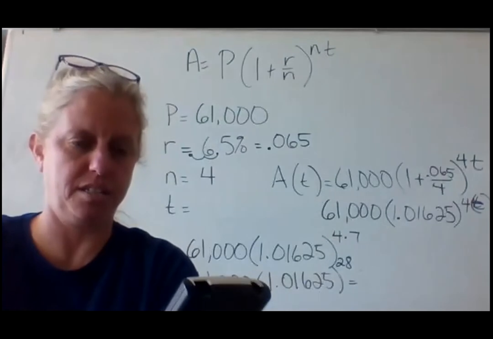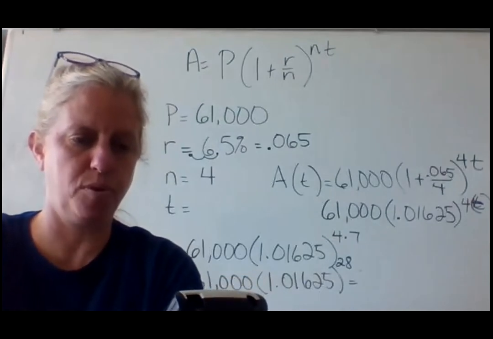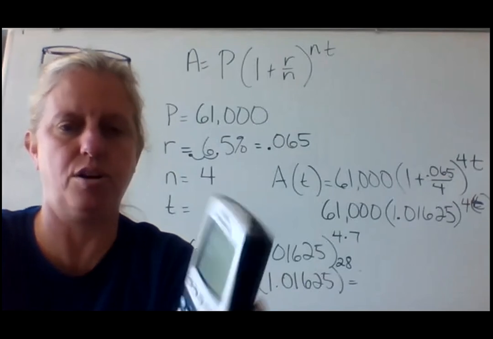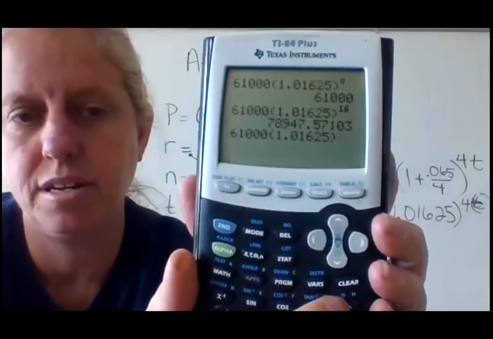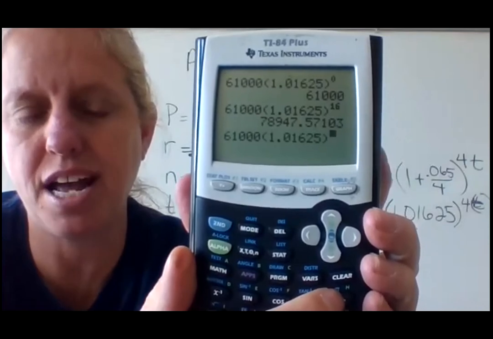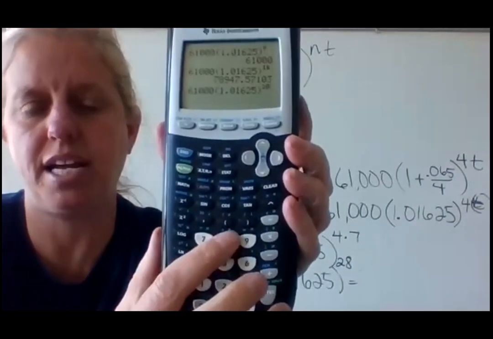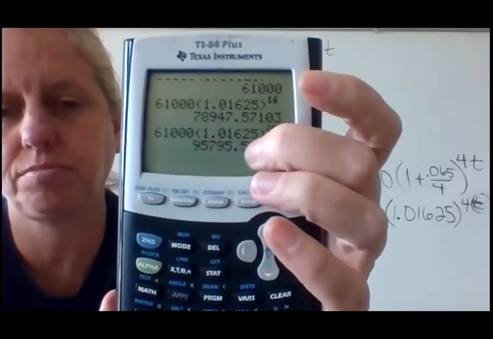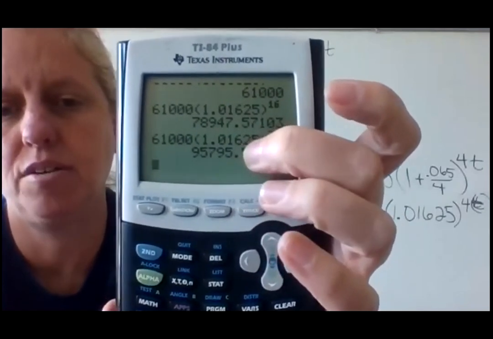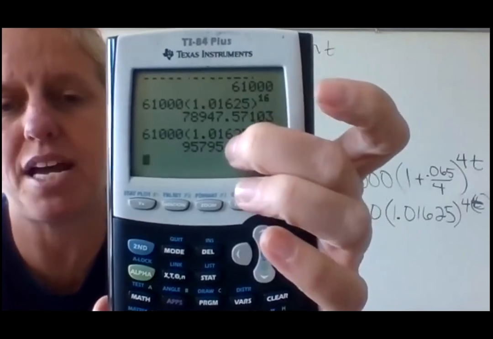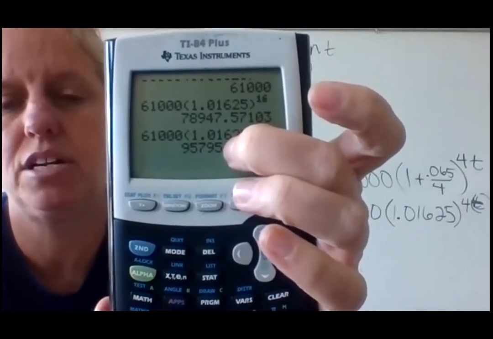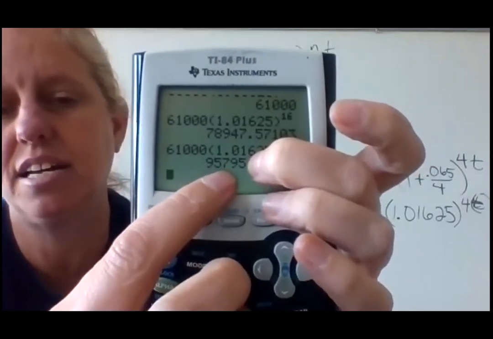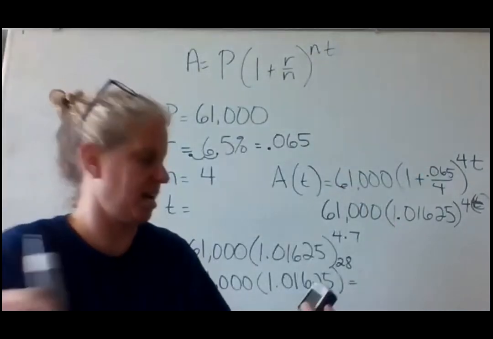So 61,000, open parenthesis, 1.01625, close. Go up in your exponent, and now it is 28. Round it to the nearest dollar. There's my dollar. Right after the decimal is a 5, which means that needs to round up to a 6. So 95,796.